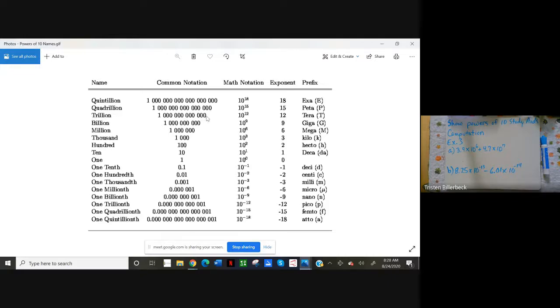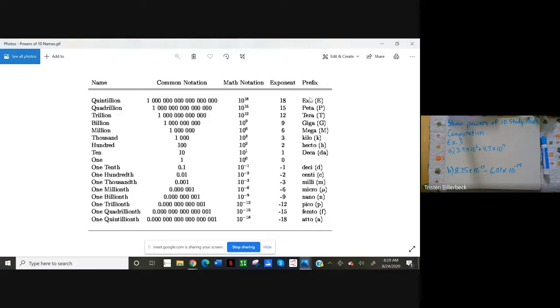With a trillion, we have 4 different groups of 3 zeros. A million has 6 zeros, which is 2 groups of 3. So 10 to the 6th is a million. A billion is 10 to the 9th. A trillion is 10 to the 12th. A quadrillion is 10 to the 15th, and a quintillion is 10 to the 18th.